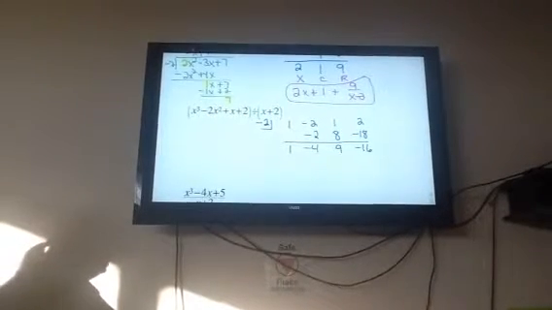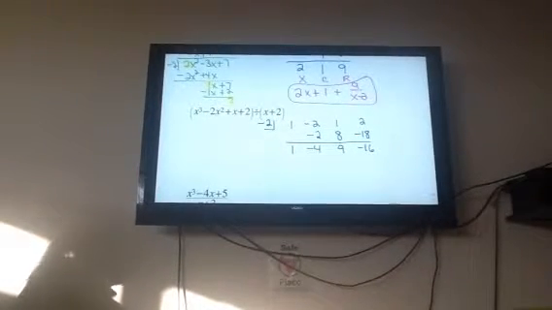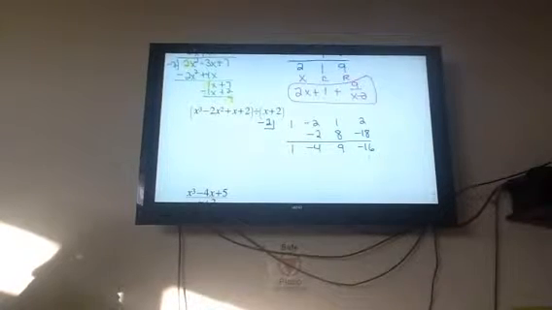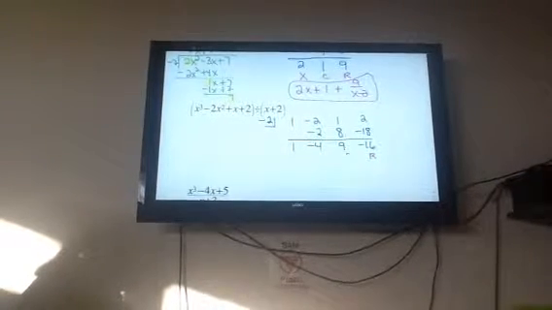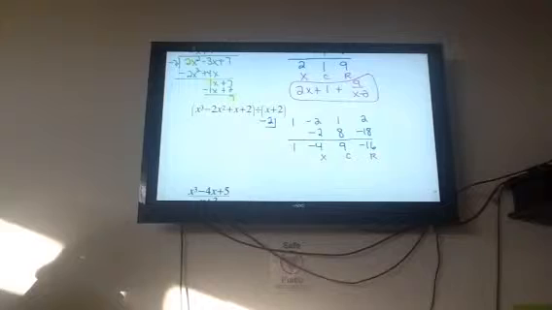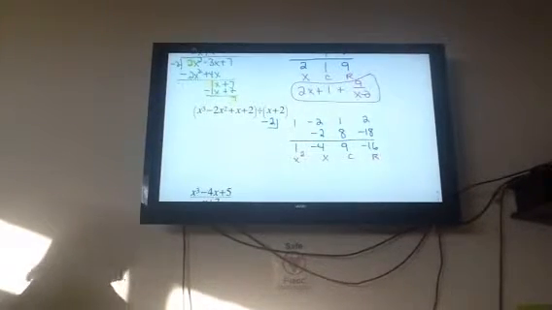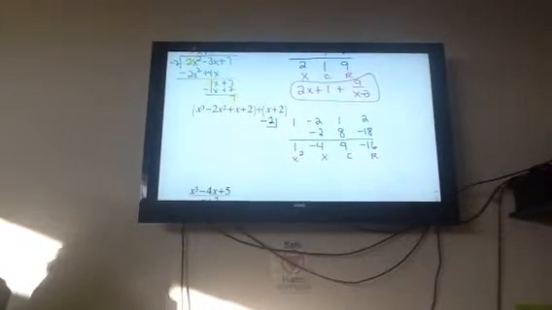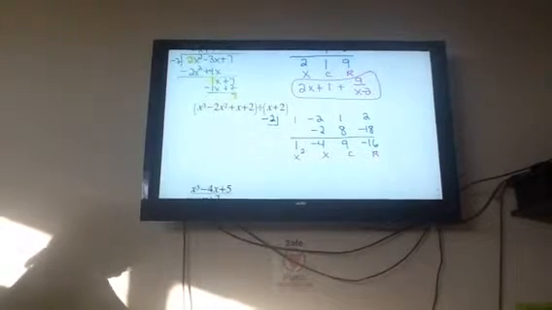And I'll work from the right to the left in writing my answer. This is my remainder, my constant, my x squared, and we would continue to go up if we had more numbers.